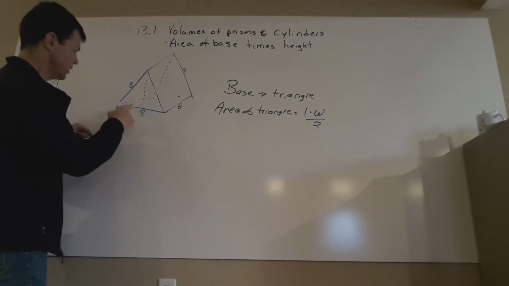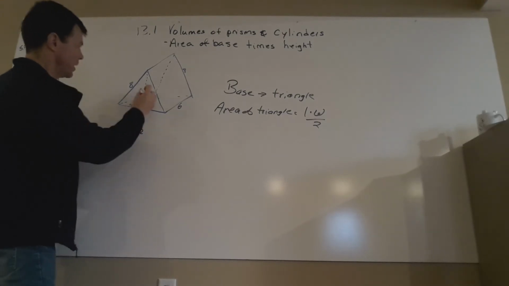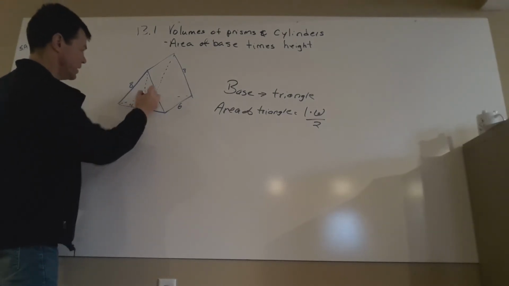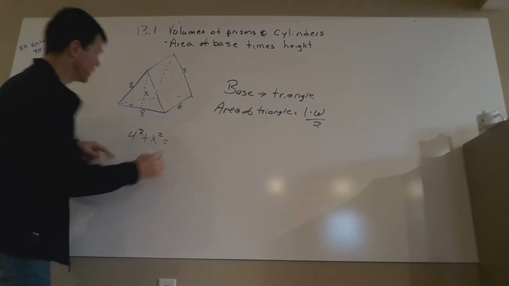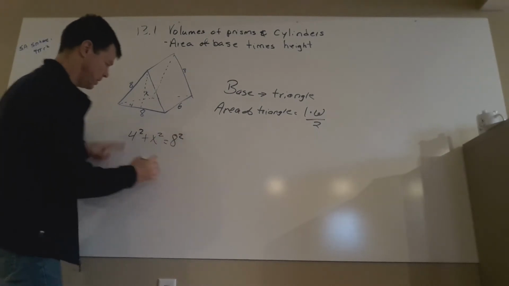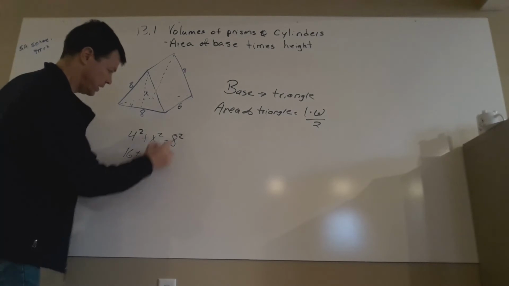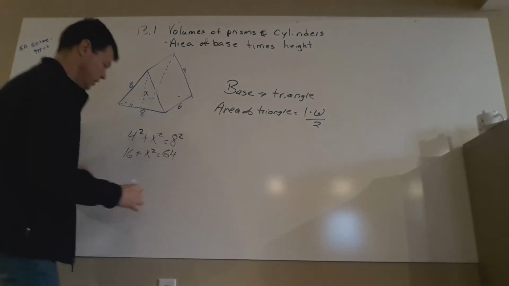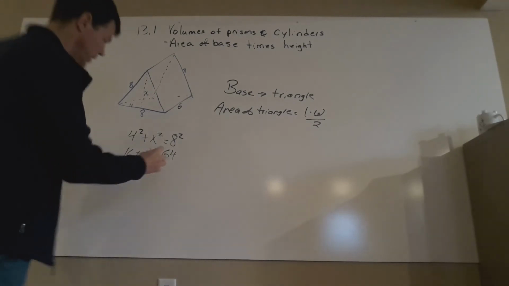So use Pythagorean theorem. You know that 4 squared plus this dimension, call it x, 4 squared plus x squared is going to equal our hypotenuse squared. Hypotenuse is 8. All right, 4 squared, 16, plus x squared, equals 8 times 8, 64. Subtract 16 from 64.